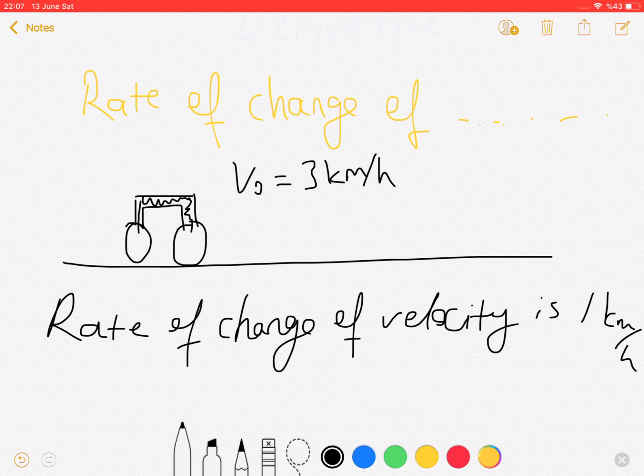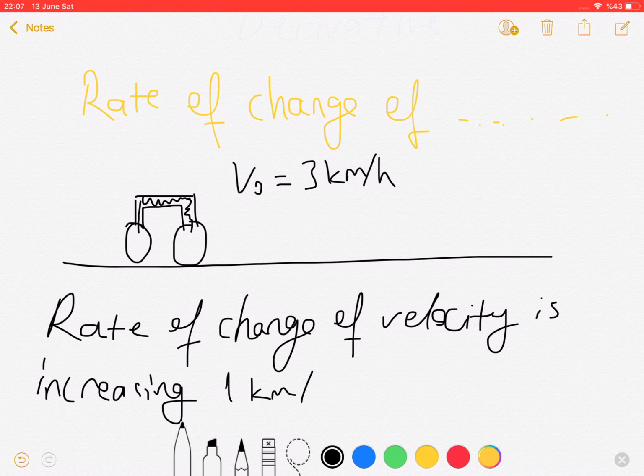Or the rate of change of velocity is increasing. Let's write it in a better way. Increasing 1 kilometer per hour. Okay, what does that mean?